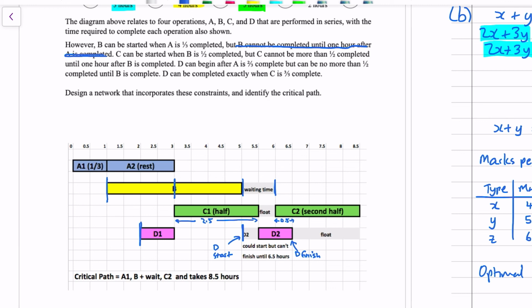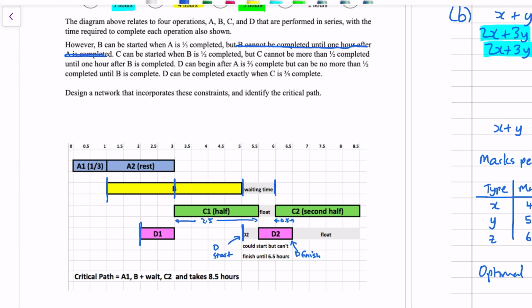The second half of A, can we delay that a little bit? It says that B can't be started until A is a third complete, and B cannot be completed until 1 hour after A is complete. So we could take B all the way to 6.